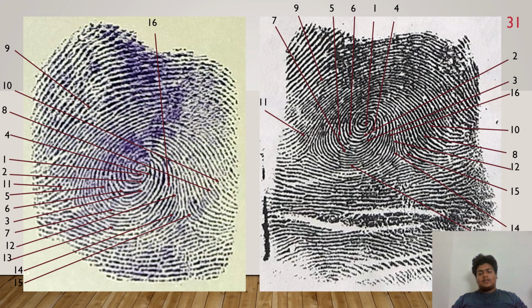The minutiae in the fingerprint can be counted either in a clockwise or in an anti-clockwise direction. They cannot be counted simultaneously from random sides. So for example, if fingerprint A has 16 minutiae, and fingerprint B has only 12 minutiae that are not in the exact locations as in fingerprint A, then the fingerprints are not considered to be similar.